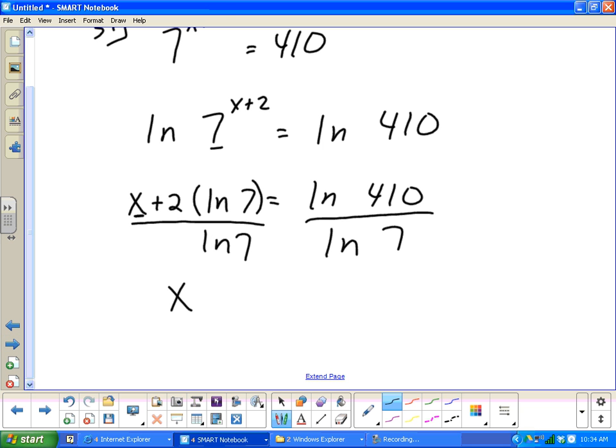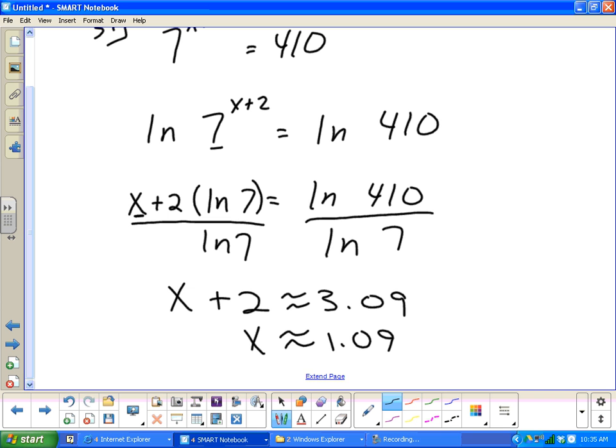Now, I don't know what that is, because I didn't get that far. The natural log of 14 divided by the natural log of 7. 3.09. All right, subtract 2, so that would be 1.09.